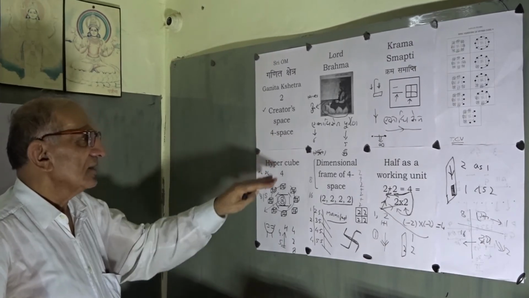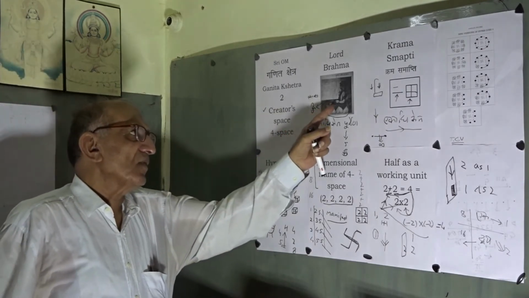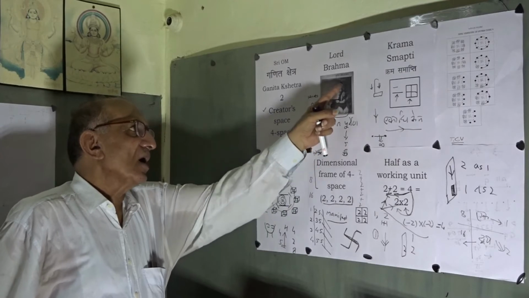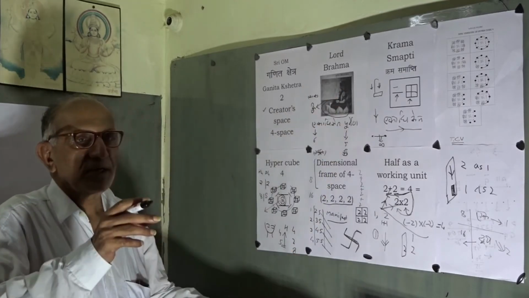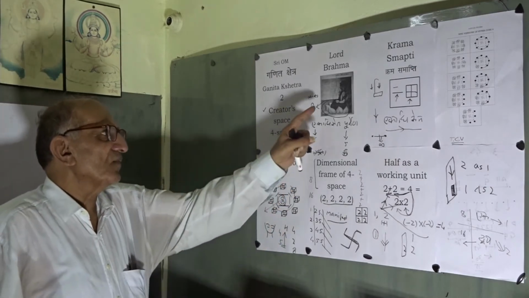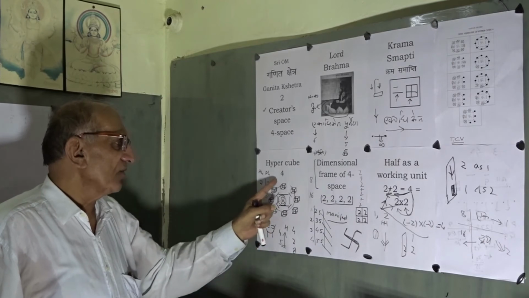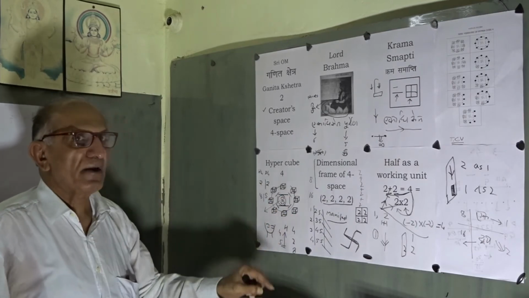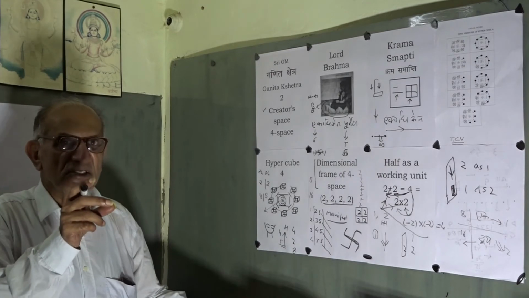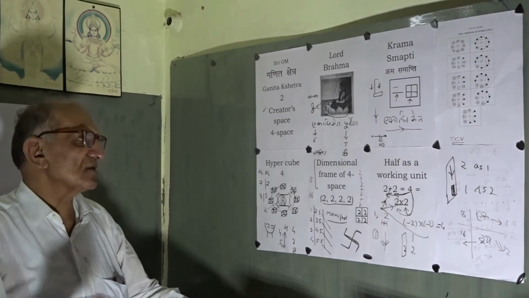This would mean that we have to initiate ourselves in terms of the format features and values of the idol of Lord Brahma, creator the supreme, the presiding deity of 4 space. And the format features and values of 4 space are parallel with the format features and values of hypercube 4, the representative regular body of a 4 space manifesting within 4 space itself.